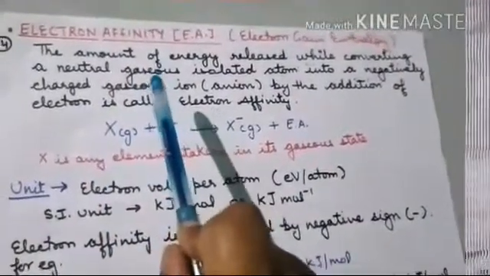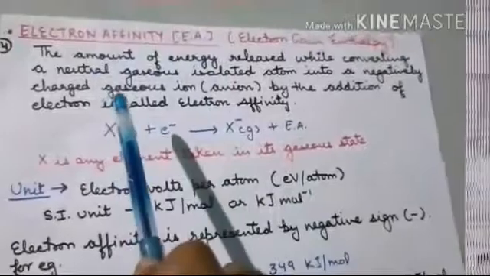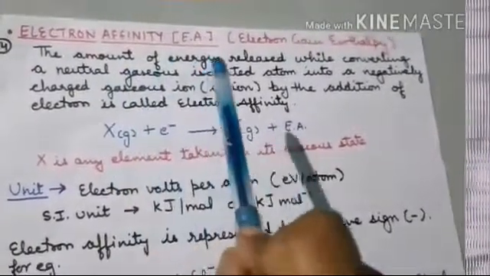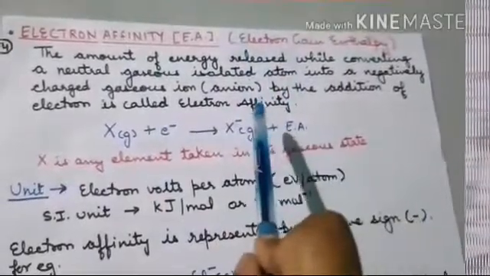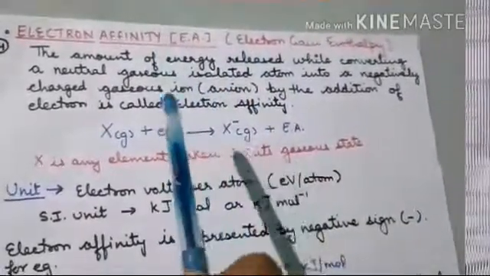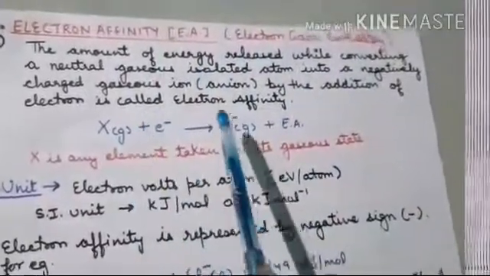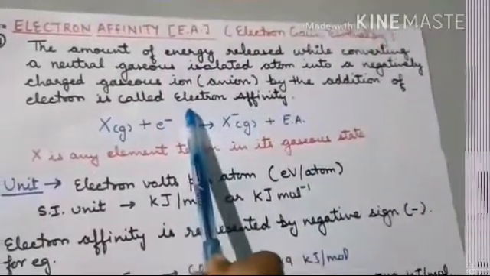Means when we add an electron into a neutral gaseous isolated atom, it converts into a negatively charged gaseous ion, and the energy released during this process is known as electron affinity.